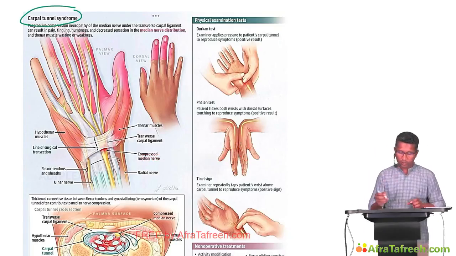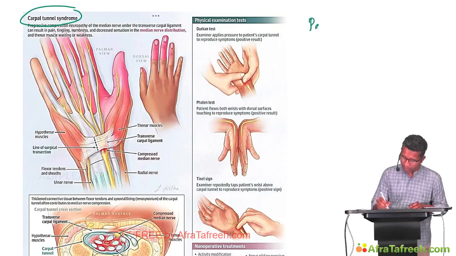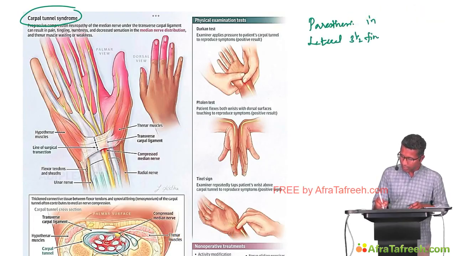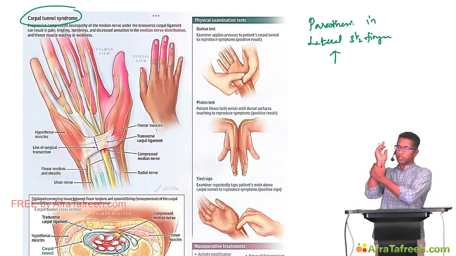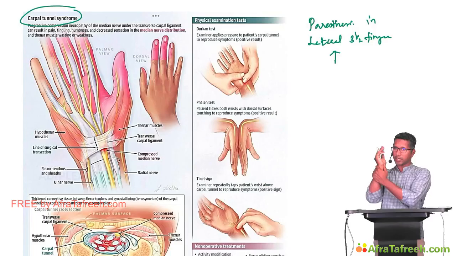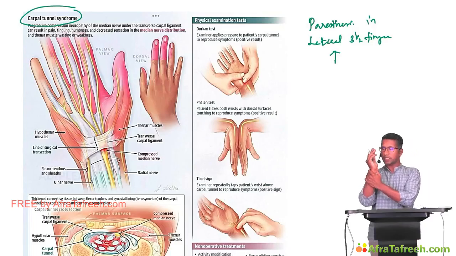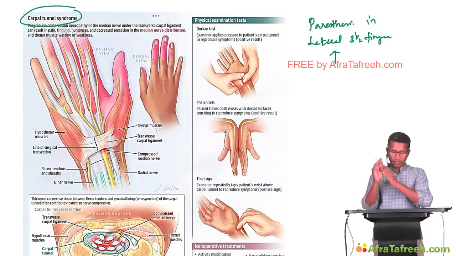So this patient with carpal tunnel syndrome will have paresthesia in the lateral 3 and a half fingers, and this paresthesia will increase when you do the following test. You compress over the median nerve in the carpal tunnel, which is already compromised. The paresthesia will worsen in the lateral 3 and a half fingers.